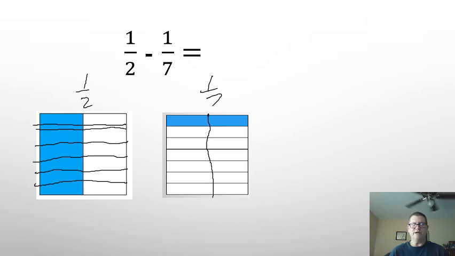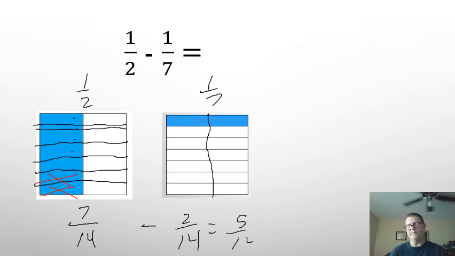So I can see I have 7/14, because 14 total. And I'm subtracting, I can see I have 2 out of 2 by 7, which is 14. So when I come over and I subtract my 2/14 from my 7/14, when I count them up, I can see I have 1, 2, 3, 4, 5 14ths left. So 1/2 minus 1/7 is 5 14ths.